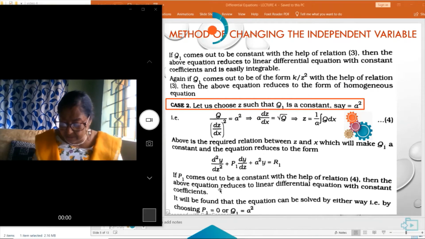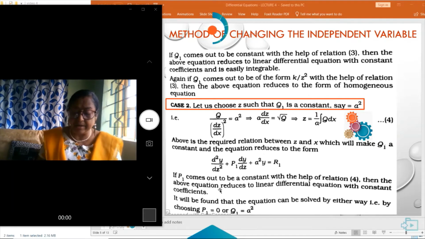So a into dz by dx is equal to root q and z is equal to 1 by a into integration of root q dx. So this way, after calculating, we get d2y by dz square plus p1 dy by dz plus a square y is equal to r1.